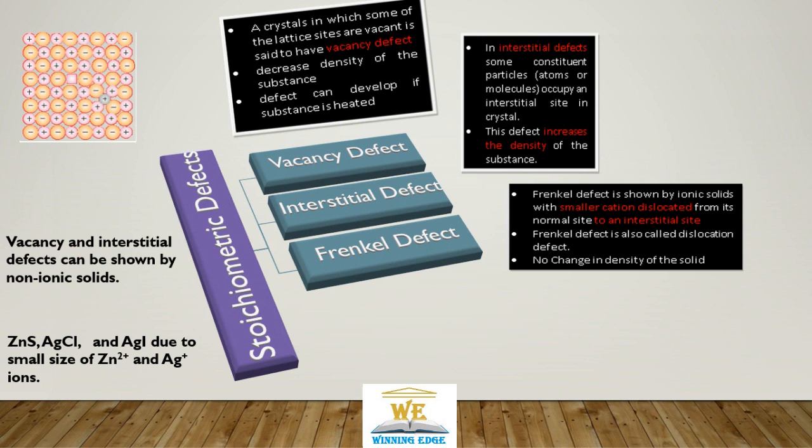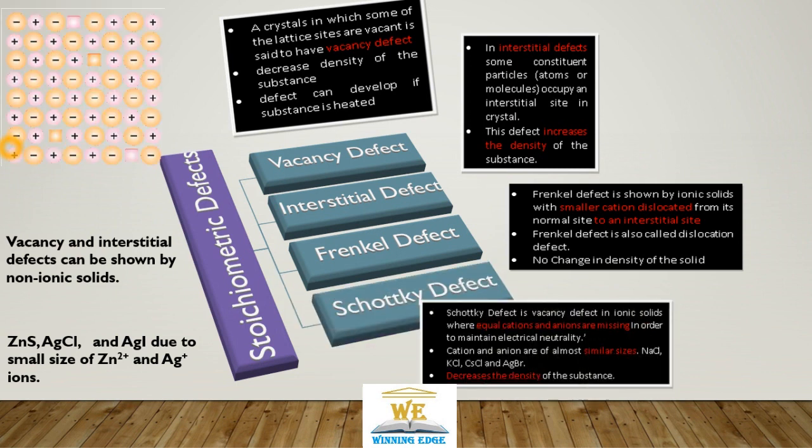Schottky defect. A Schottky defect is a vacancy defect in ionic solids where equal numbers of cations and anions are missing from the crystal lattice to maintain neutrality. Cations and anions in a Schottky defect are of nearly the same size.